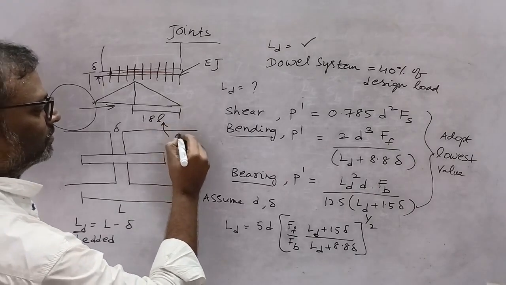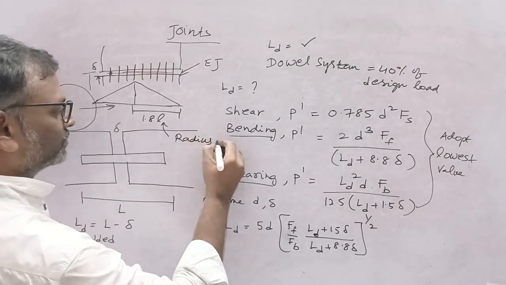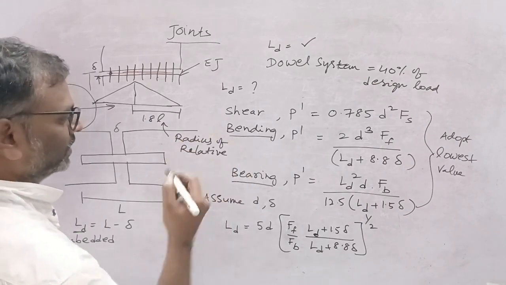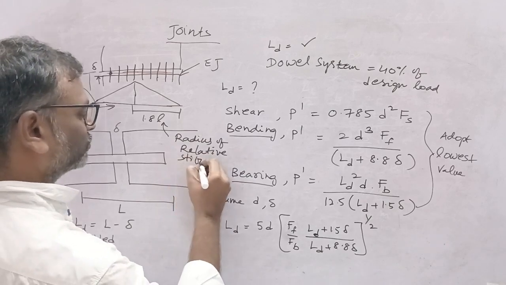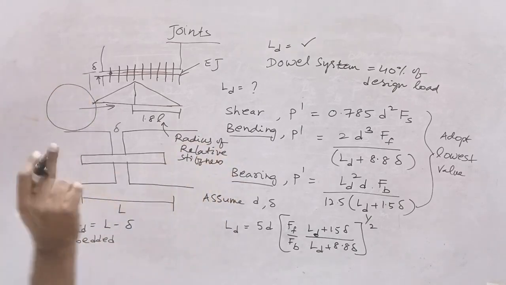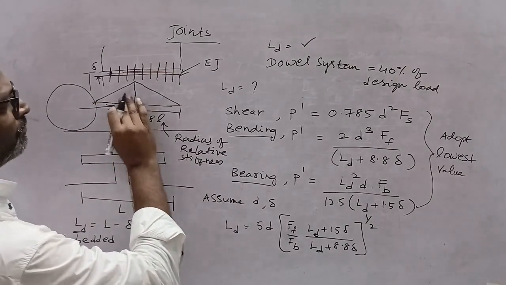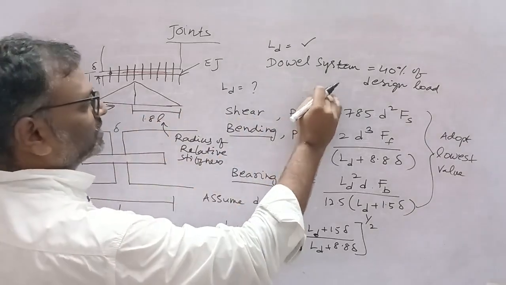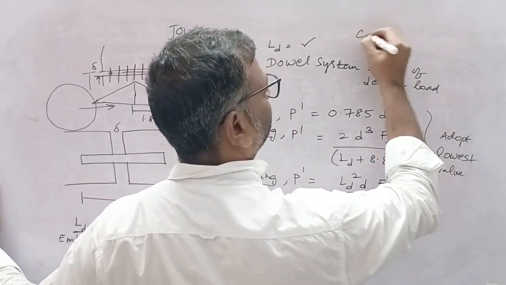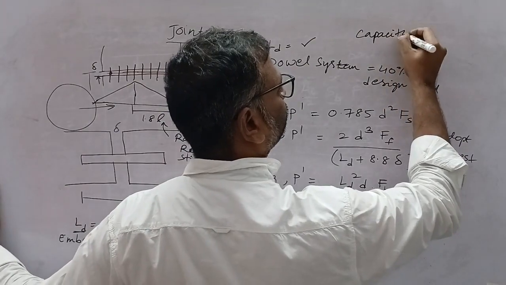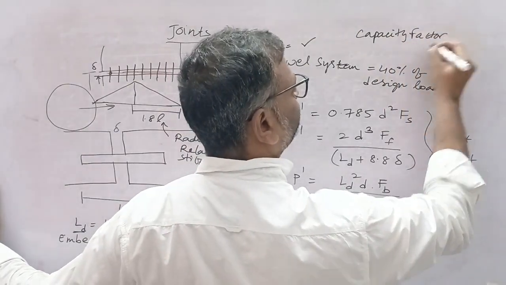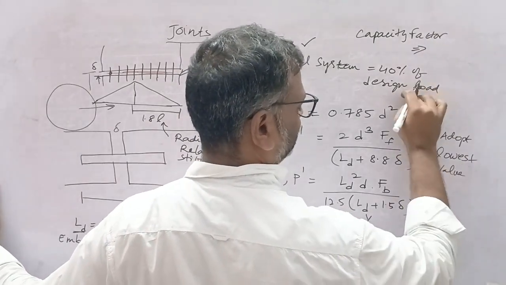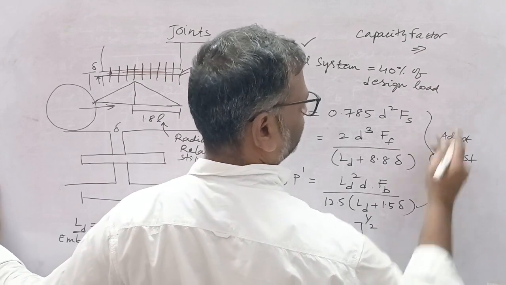You know the radius of relative stiffness: E h cube by 12 K into 1 minus mu square, whole power 1 by 4. That we know. So linearly it will decrease. So what we do is find the capacity factor using 40% of the design load and this P dash.